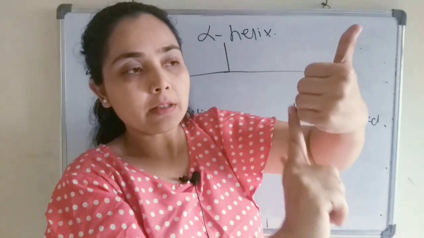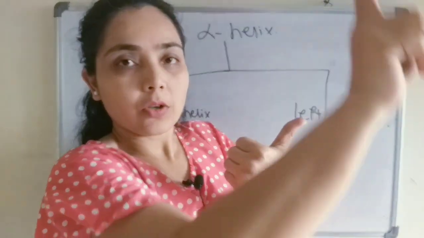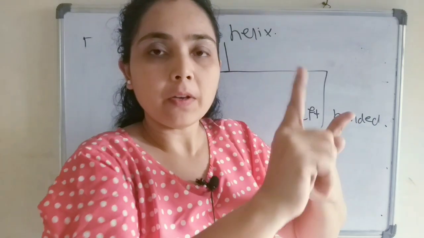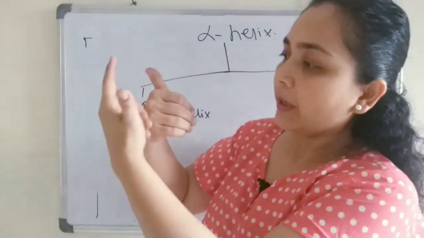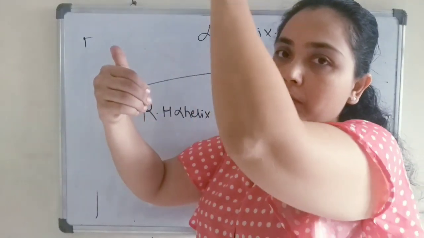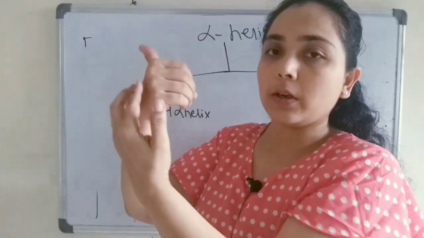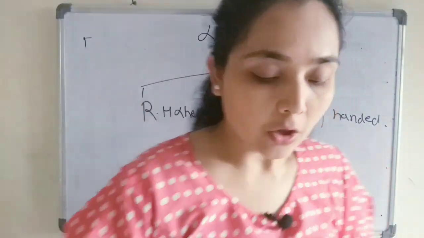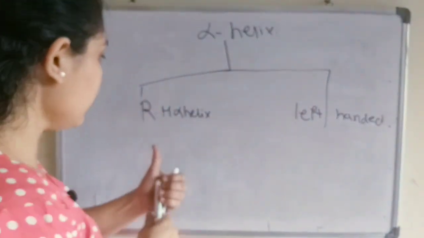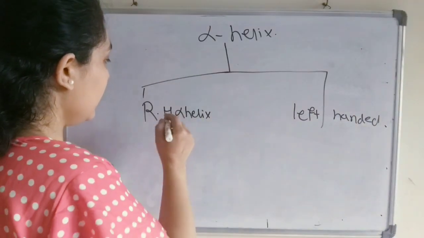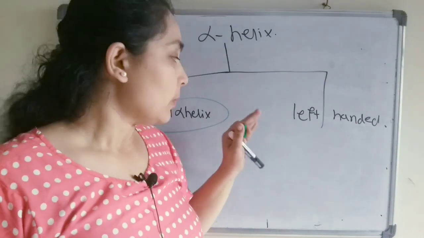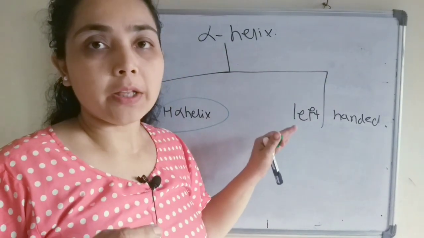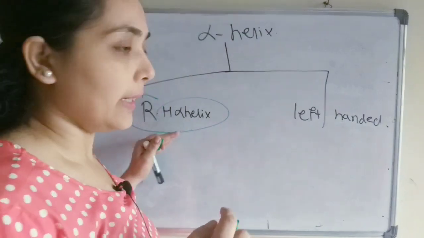If the polypeptide chain curls this way, it is known as a left-handed alpha helix, and if it curls in this direction and moves upwards, it is the right-handed alpha helix. Out of these two, the right-handed alpha helix is the most common secondary structure found in the biological form of proteins.